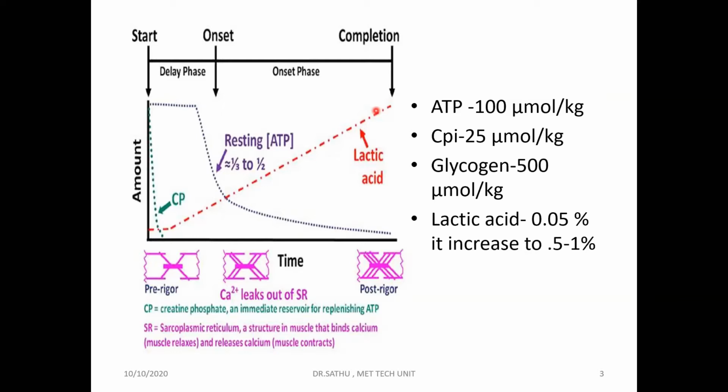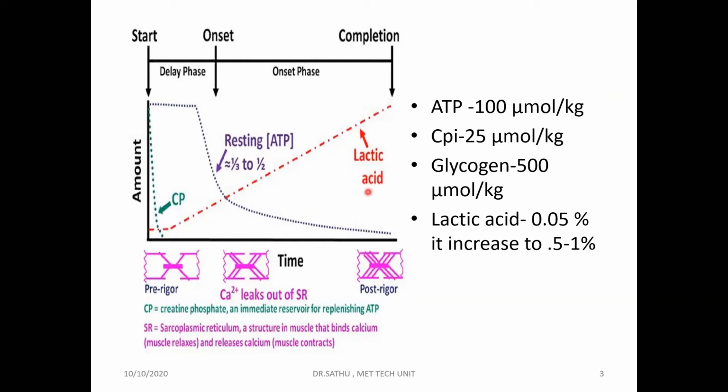During the conversion of muscle to meat in normal muscle, the concentration of lactic acid rises from 0.05% to 0.5 or 1%. This lactic acid formation, along with the accumulation of H plus from the lactate and ATP hydrolysis, accounts for the pH decline in the muscle during the conversion of muscle to meat. This we have already seen in the previous lecture.